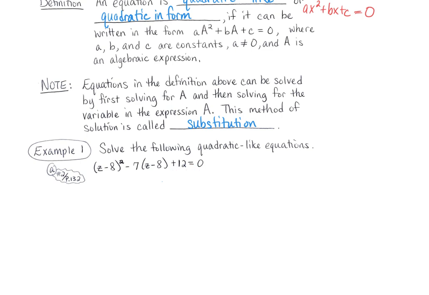Now, this looks a little bit different than what we solved in the previous section because instead of an x, we have z minus 8, right? But if we just think of the z minus 8 as this capital A, we're going to let A be equal to z minus 8.